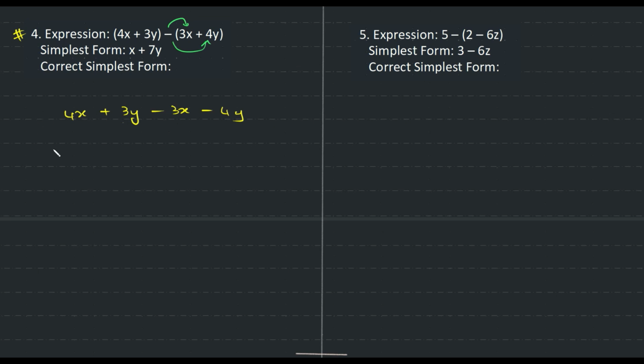You can do it this way also. And then you know that you are looking at like terms, so you'll use the commutative law to shift terms around.